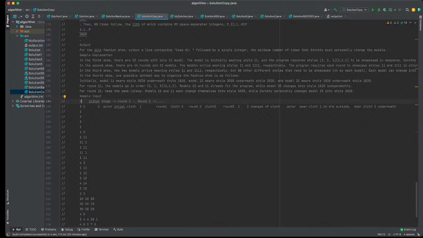For previous stage and current stage, we get the occurrence of clothes for each stage and compare them. The difference is what is needed to change to make it happen.